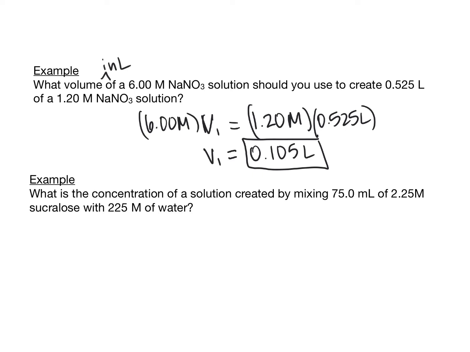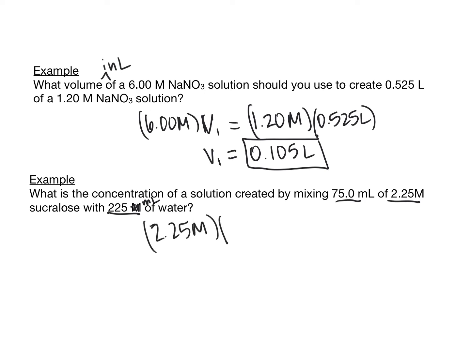So the next question is, what is the concentration of a solution created by mixing 75 milliliters of 2.25 molar sucralose with, this should say 225 milliliters of water? So in this case, we are going to mix these together. So we're going to have 2.25 molar.